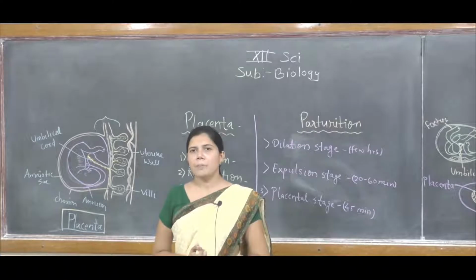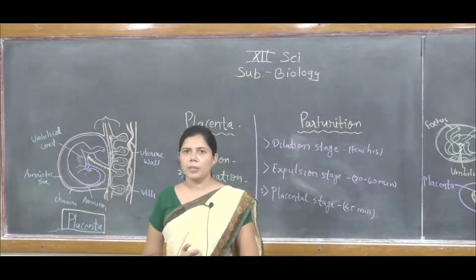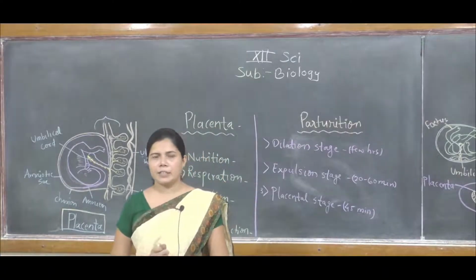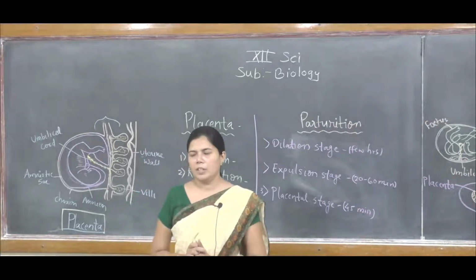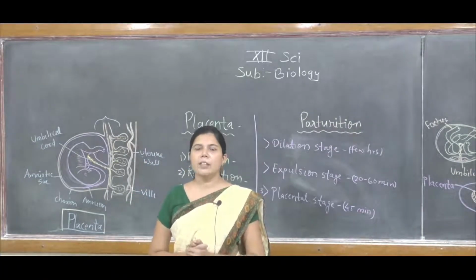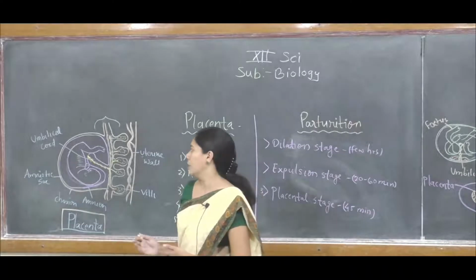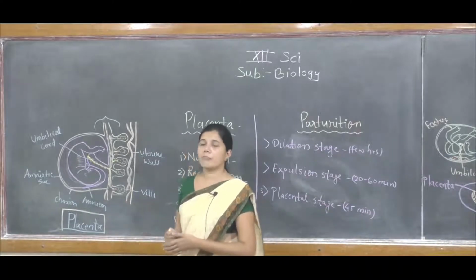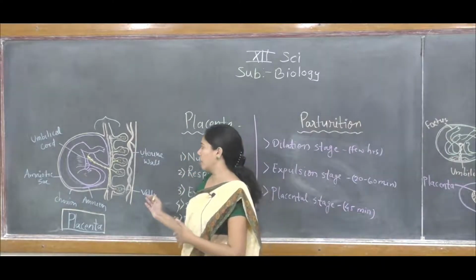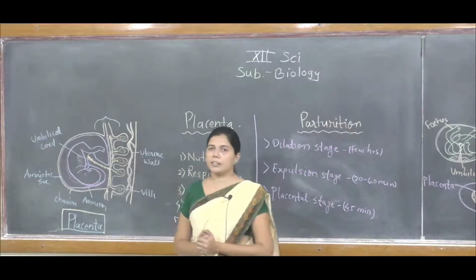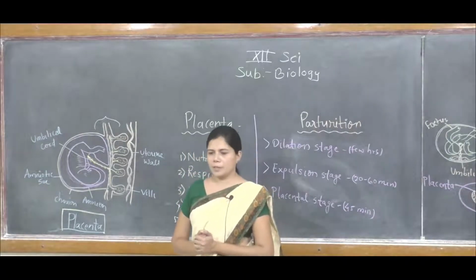It is the connection between the fetus and the mother. It is a temporary organ, but it is a very structural and functional organ which connects the fetus as well as the mother.